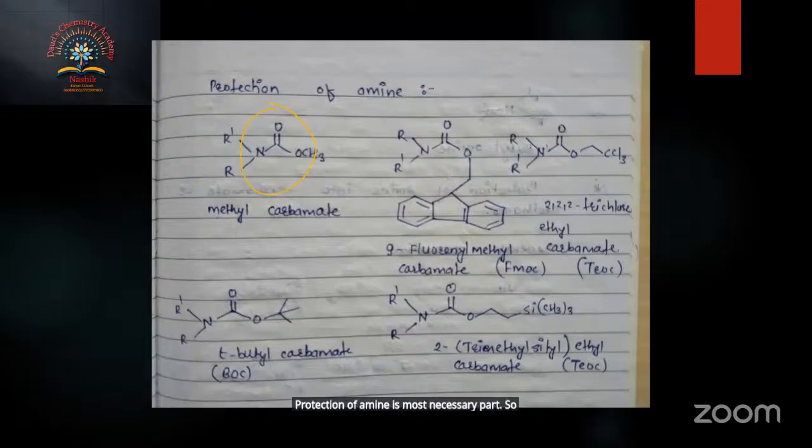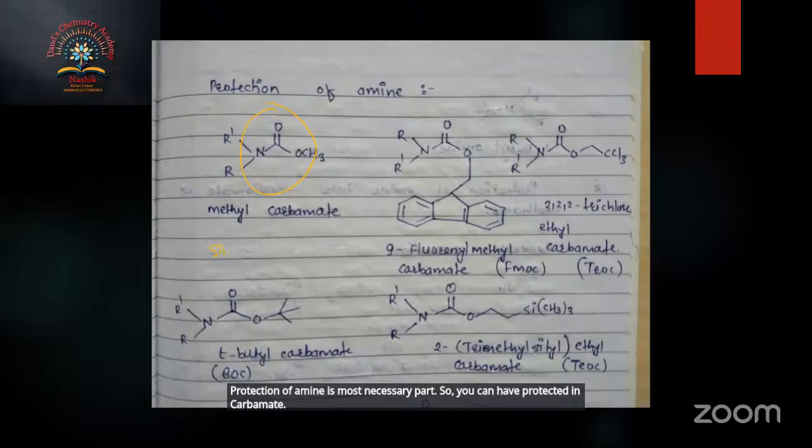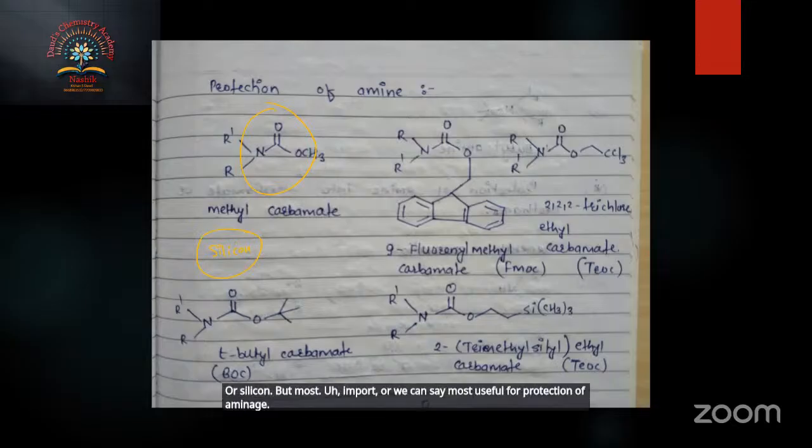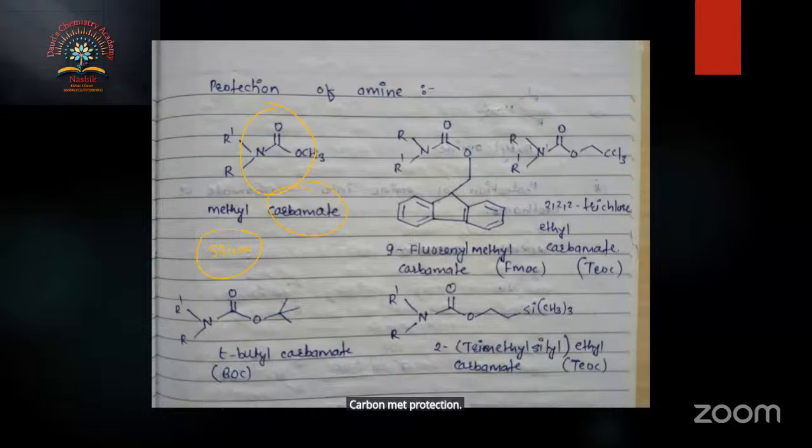You can protect it as carbamate or silicon, but the most useful for protection of amine is carbamate protection. You can use this protecting group for alcohol also. So this is carbamate. If you protect alcohol in this form, it will form carbonate.